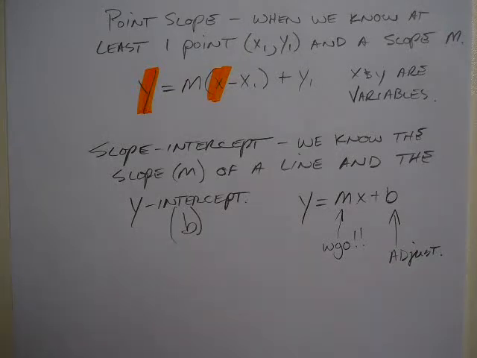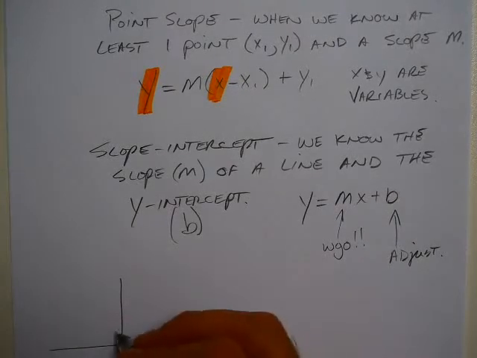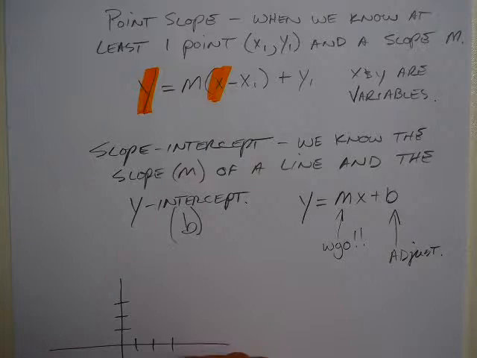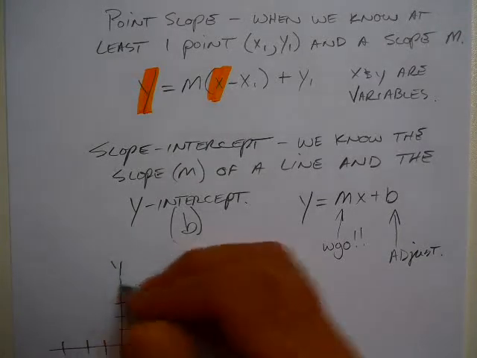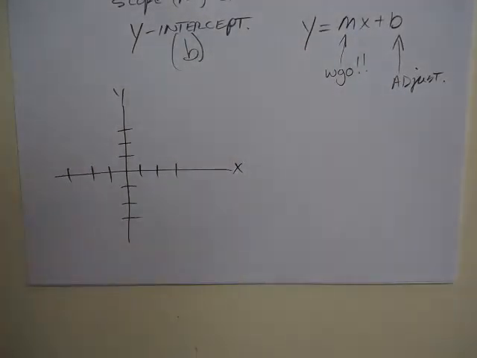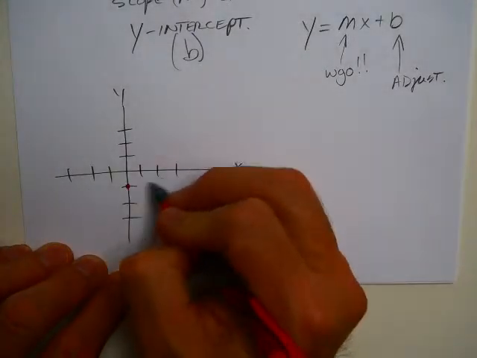If I have an equation or a form, let's say a line, here's my x, here's my y. Sorry, you guys can't see that. Let me move that up. Here's my x, here's my y. And I have a line going through that looks something like this.